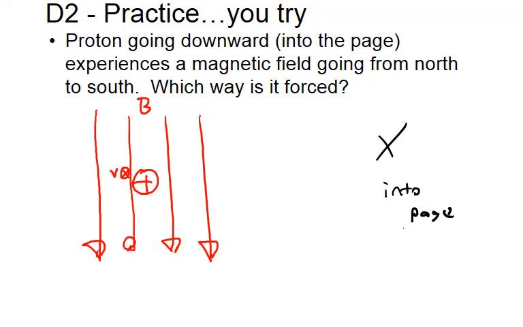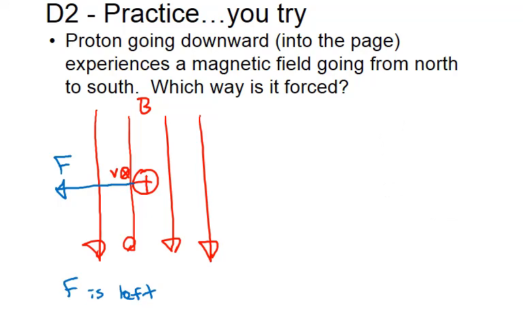So your pointer finger is going into the screen, your middle finger is going towards the floor, and which way is your thumb pointing? If you got this right, your thumb should be pointing to the left. So if this particle was going into the computer screen and you had a field going towards the floor, the particle is going to be forced to the left.